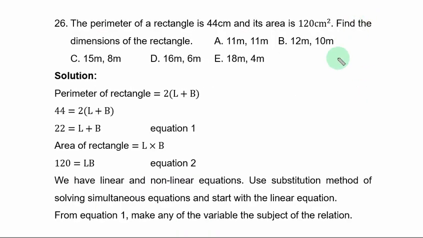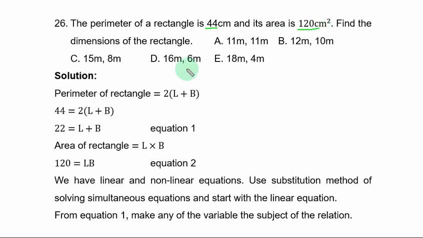Question 26. The perimeter of a rectangle is 44 cm and its area is 120 square centimeters. Find the dimensions of the rectangle. That is, you should find the length and the breadth.